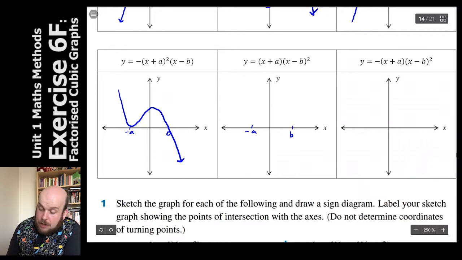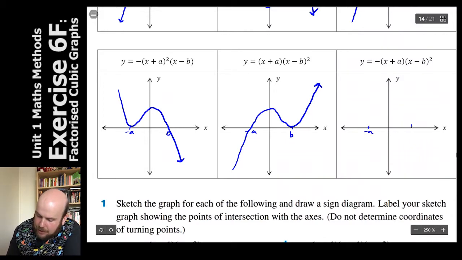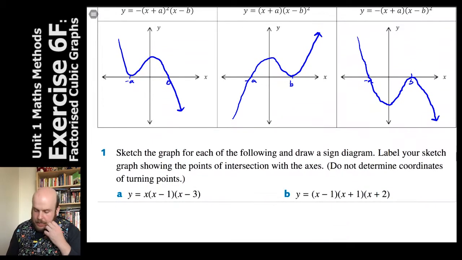And now if we've got the squared on the other bracket, then we still do the same thing, except this will now have the turning point. And similarly, if I'm upside down, I'm going to go like this. And there we go. And then we're lovely and upside down.